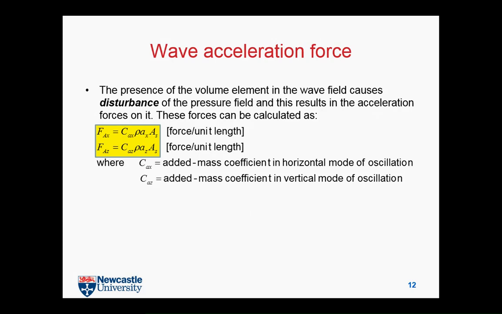Because when you use the mass or the weight for your structure, we will have an additional part. That's why we define another constant to show you the part is big or not. And we call that added mass coefficient.